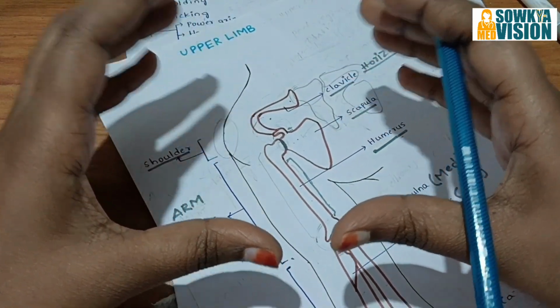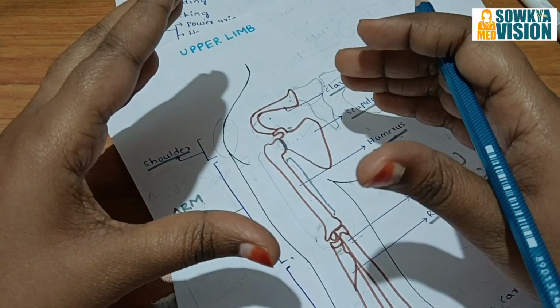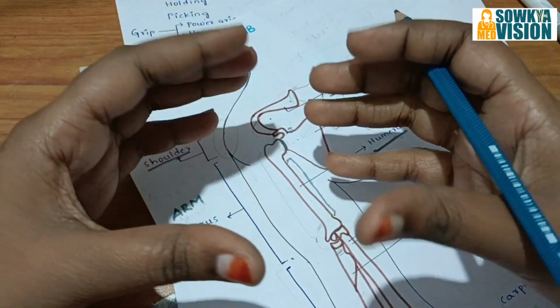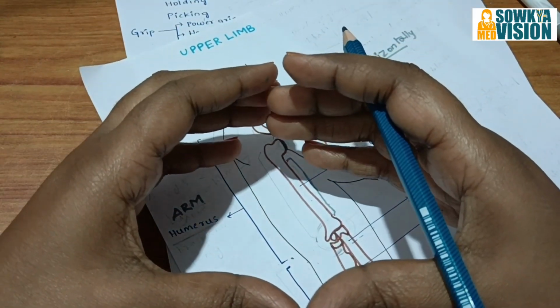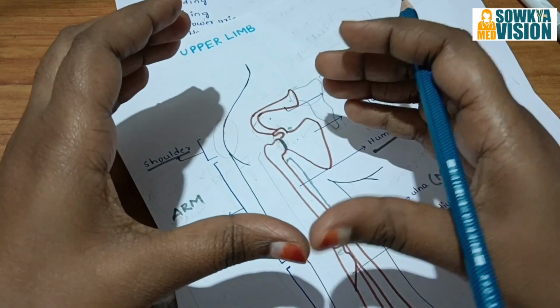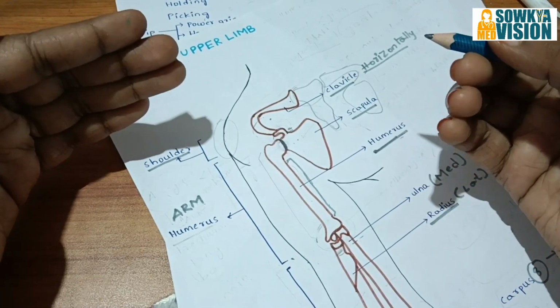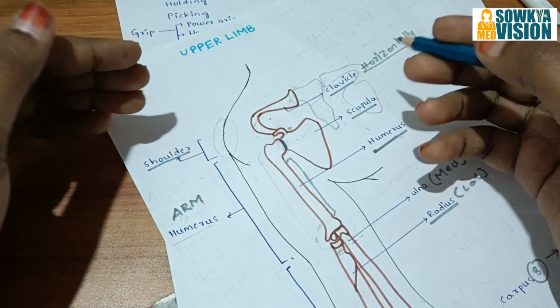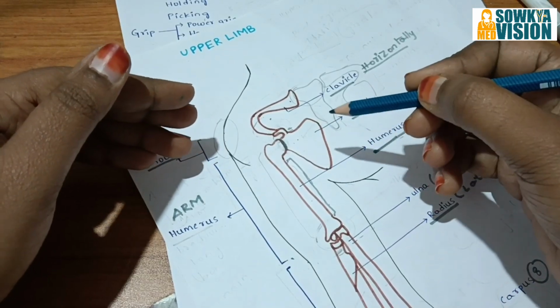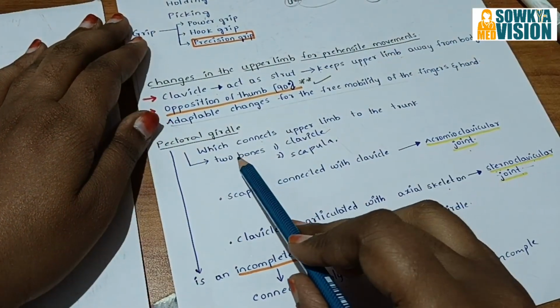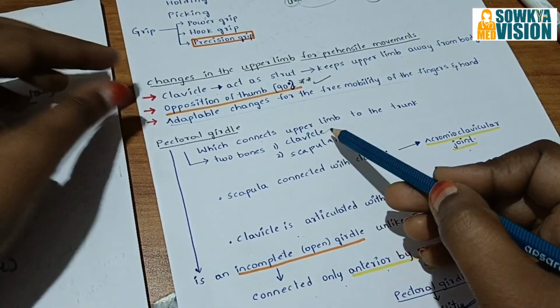The pectoral girdle is an open girdle, because the pelvic girdle is able to bear weight. In order to bear weight, it should be closed. For mobility, for movement, for doing actions like abduction and adduction, the girdle should be open, right? Now, the two bones forming the pectoral girdle are what?